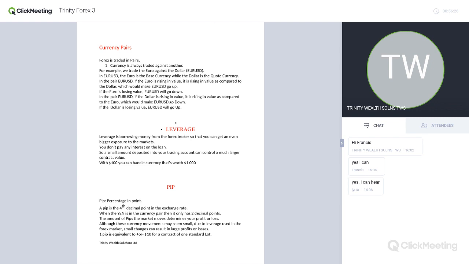Although these currency movements may seem small, due to leverage used in the forex market, small changes can result in large profits or losses. A pip is equivalent to plus or minus $10 for a contract of 1 standard lot. And we're going to see how that can be interpreted in a real market scenario.